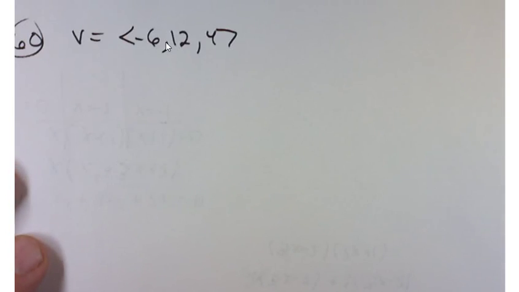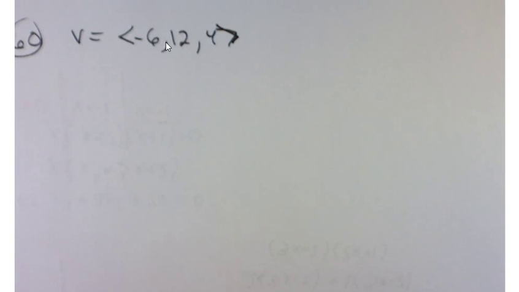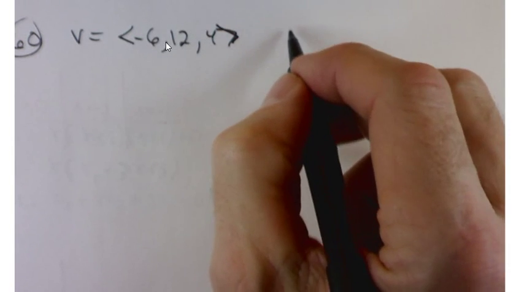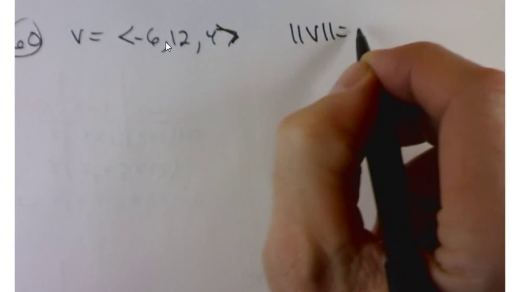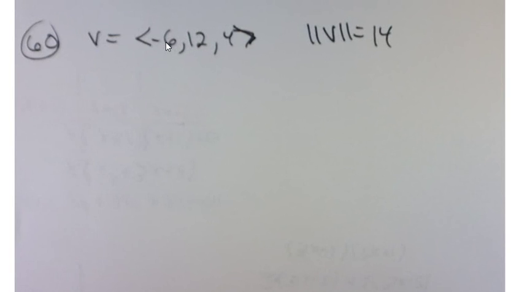It is negative 6, 12, and 4. Now the nice thing about this is we've already calculated the length of this vector. The length of that vector is, what was it, 14, right? Yeah. That was a previous problem.